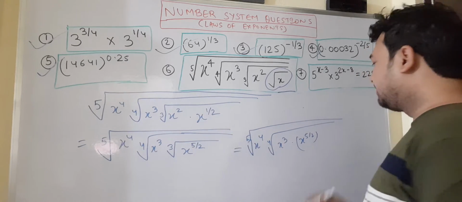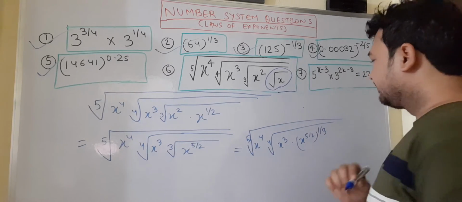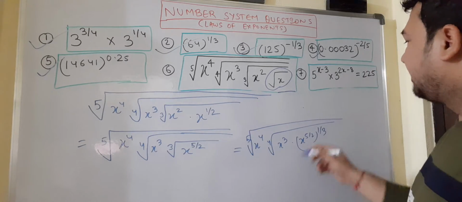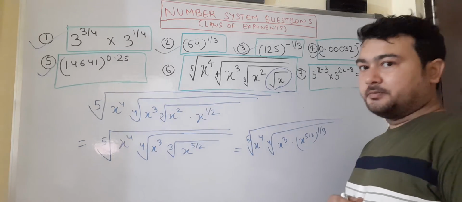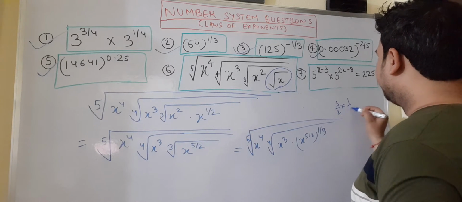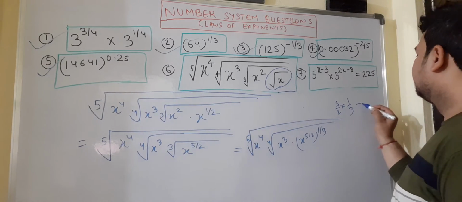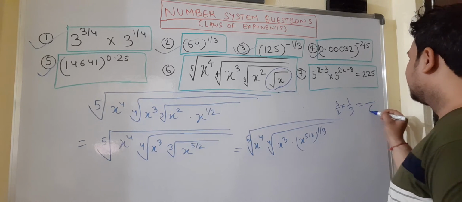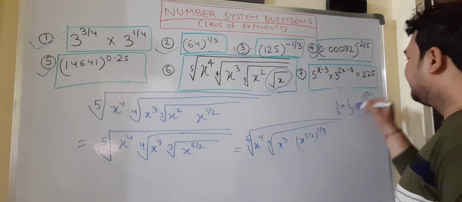This is a cube root, so power will be 1 by 3. Now power of power, it will multiply. If you multiply 5 by 2 into 1 by 3, what do you get? You get denominators multiplied together, 6, and numerators multiplied together, 5 by 6.